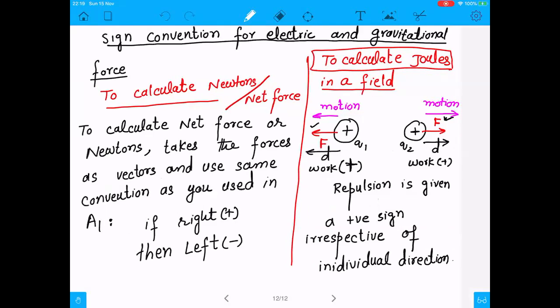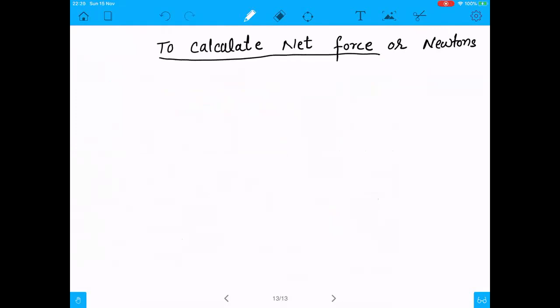So the summary of all this is, to calculate net force or newtons, when your question is about the calculation of newtons, then a repulsive force will not be considered as a whole, but the individual forces will be considered.